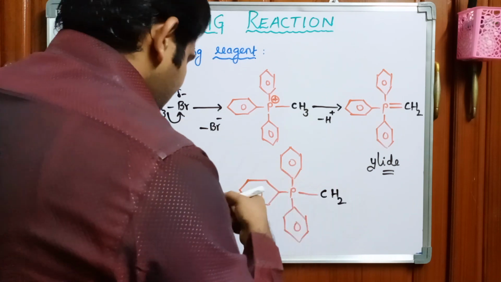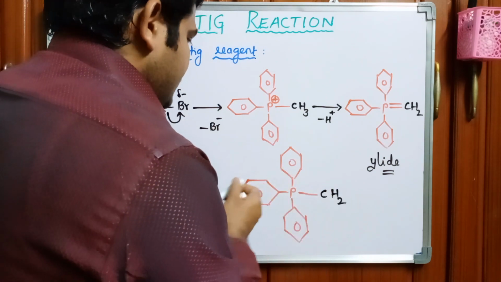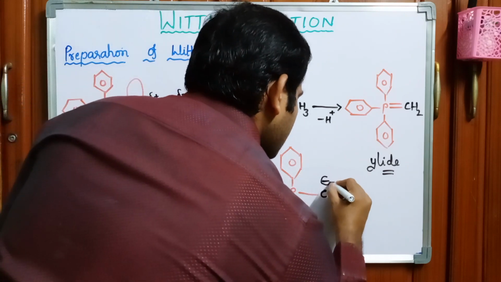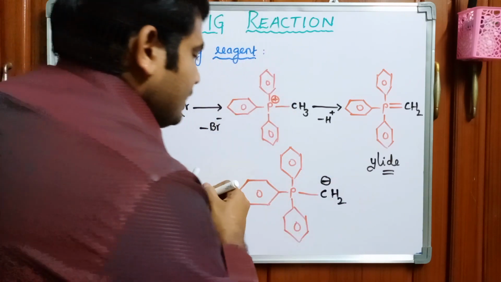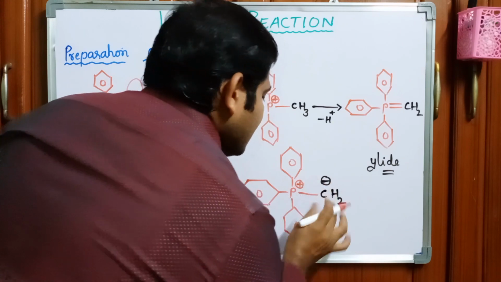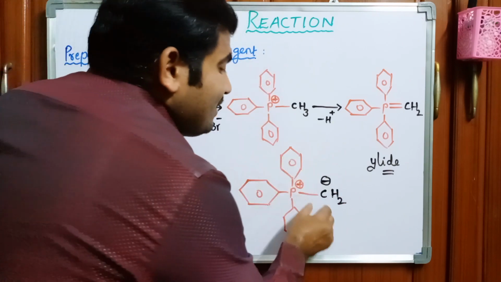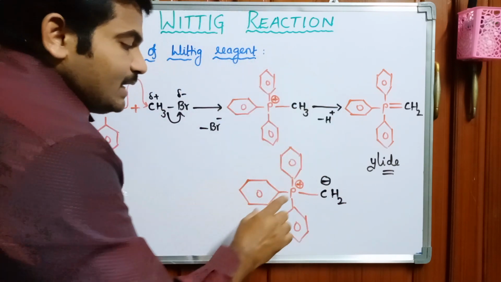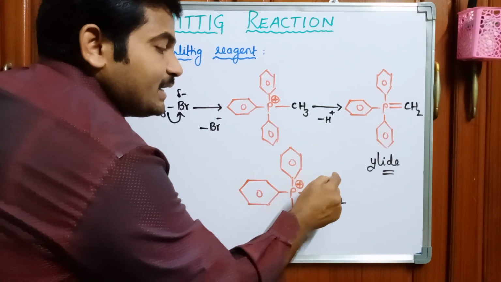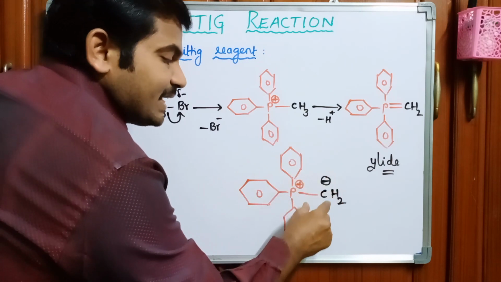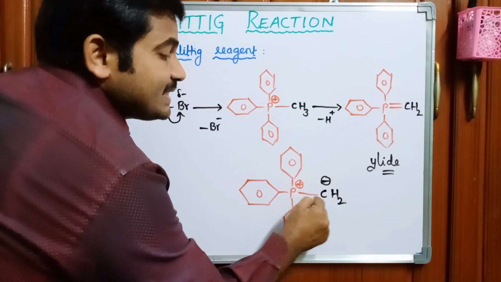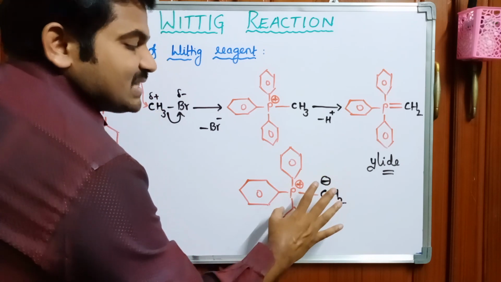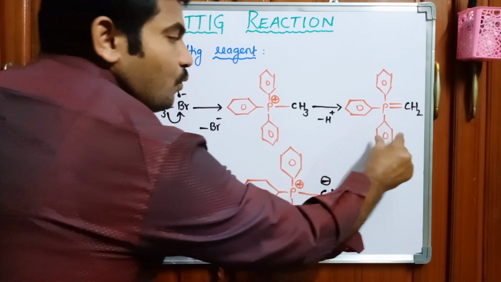What is the charge here? Negative charge. Here, positive charge. This is called the ylide form. Ylides are species with two different formal charges at adjacent atoms.